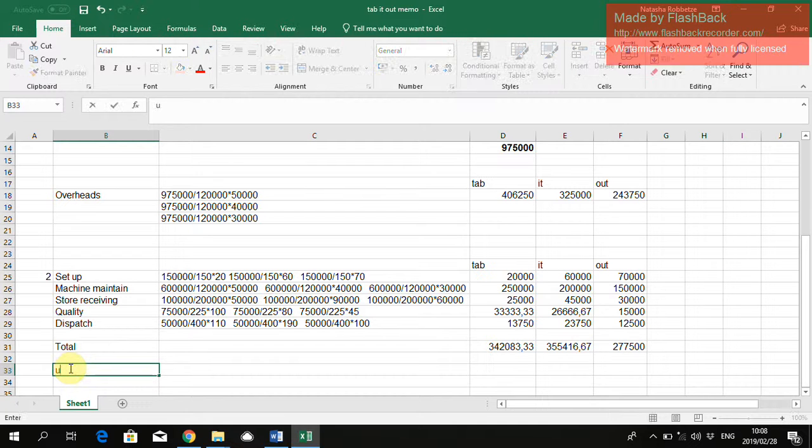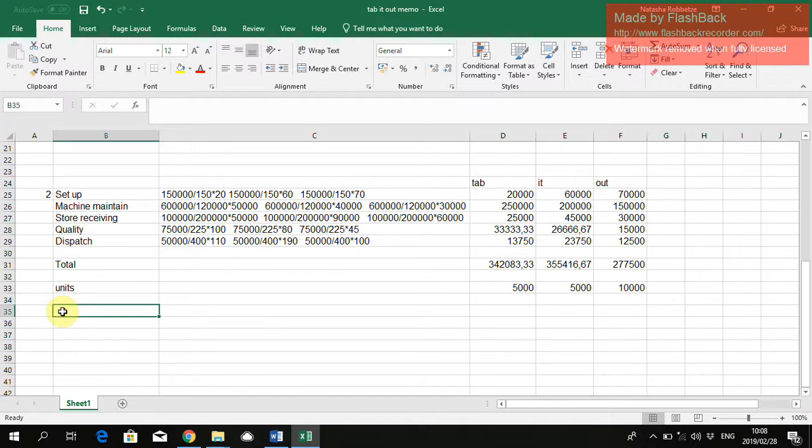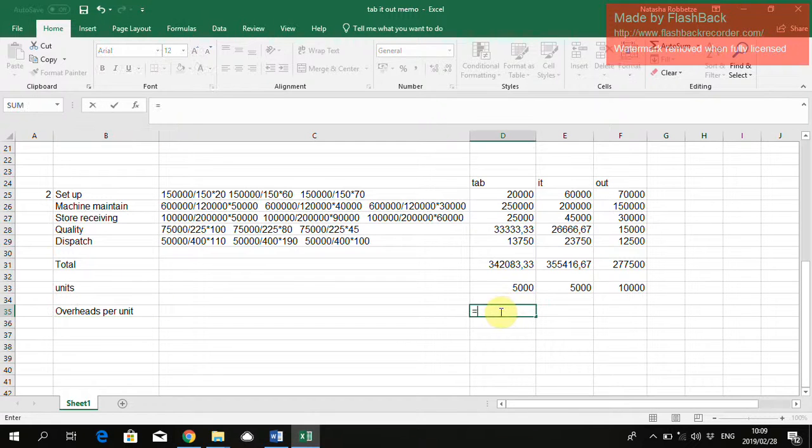So units is 5,000, 5,000, and 10,000. And there I will then say overheads per unit, and that will be my final total divided by the units that were given.